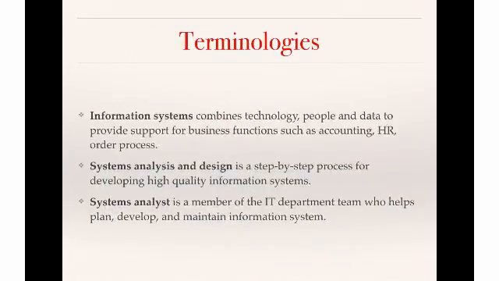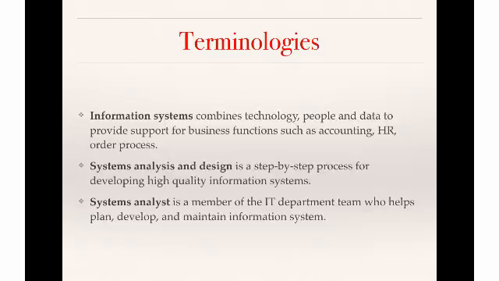Here's the terminology explanation. Information systems combine technology, people, and data to provide support for business functions, such as the accounting system in the company, the HR system, and the day-to-day operation order process. Systems analysis and design is a step-by-step process for developing high-quality information systems.